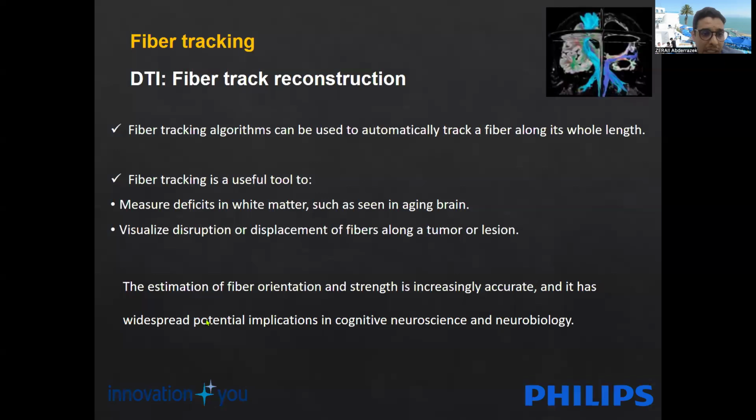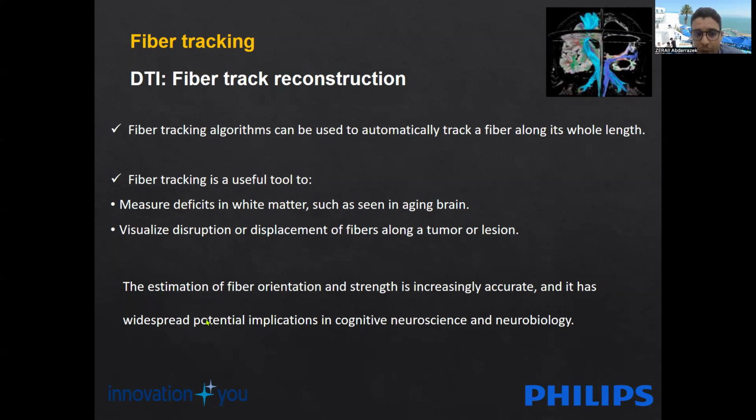This is useful to measure deficits in white matter, such as seen in the aging brain, and also to visualize the disruption and displacement of fibers by a tumor or a lesion.